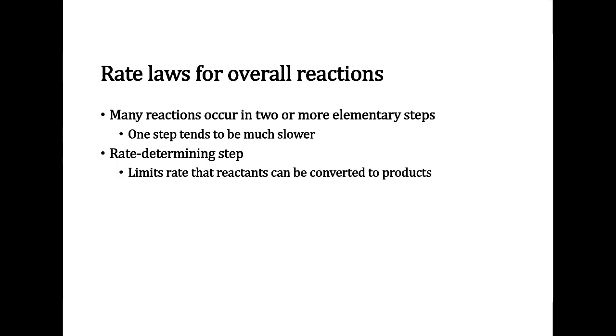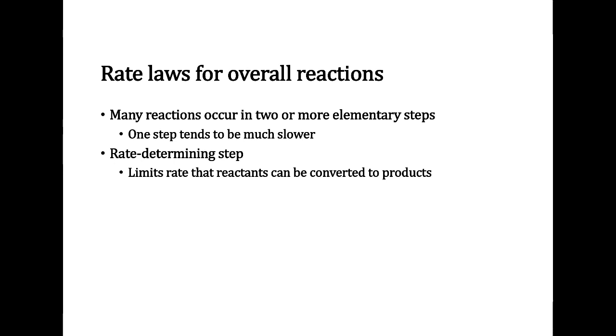All right, so now what we need to do is figure out how to calculate the rate law for overall reactions. What we'll find here is that reactions occur in two or more elementary steps many times, but one step is always slower than the other. And what we call this step is the rate determining step.